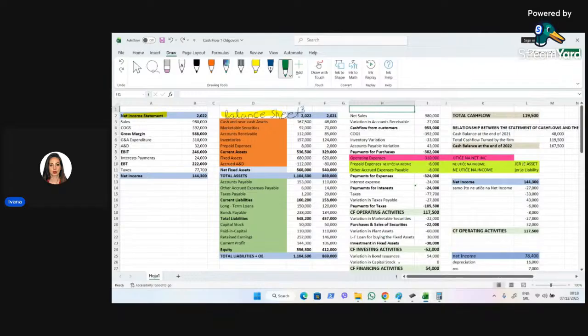Yeah. LT, long-term loan for buying the fixed assets. So long-term loan for buying the fixed, it's growing, it's liability, and it's plus. So you can see it's quite easy.